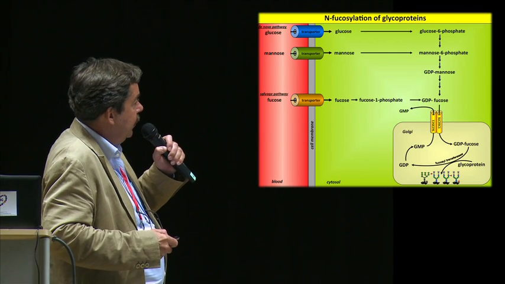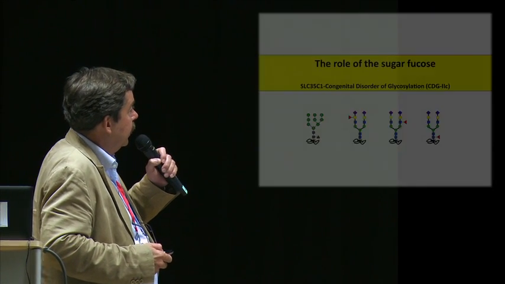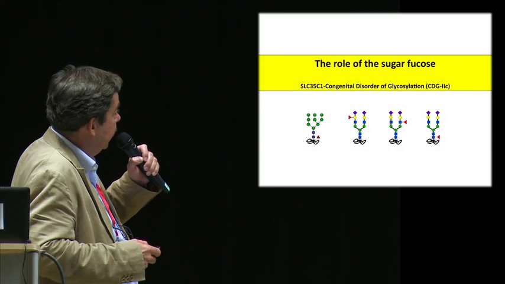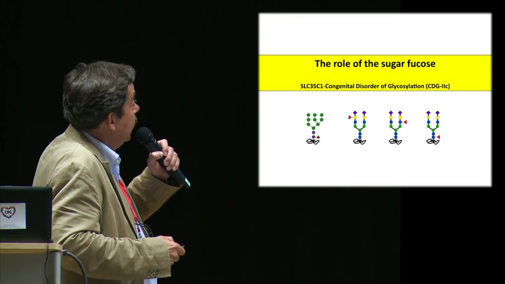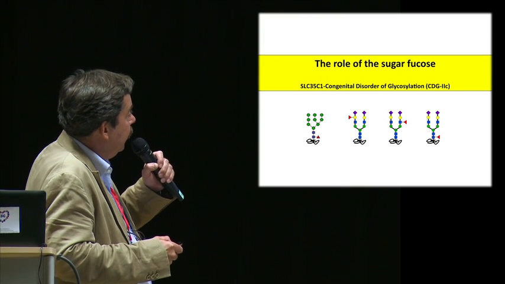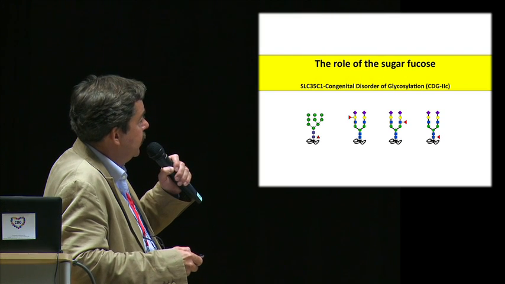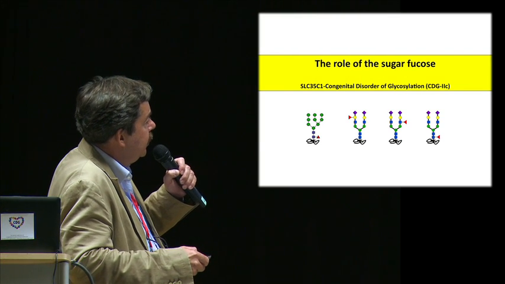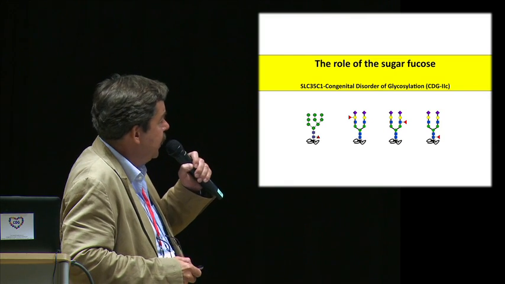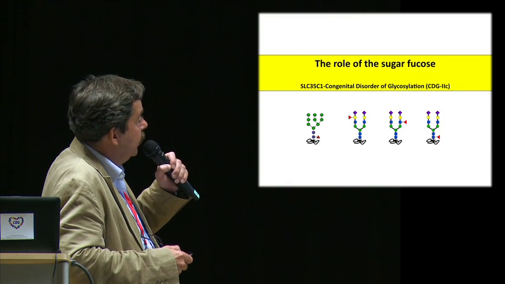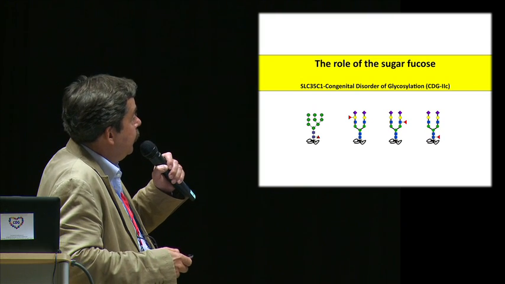And exactly this is the defect of this patient, and it is shown here for the sugar residues. And the fucose is this red triangle, and these fucose residues are linked to oligosaccharides in different positions.